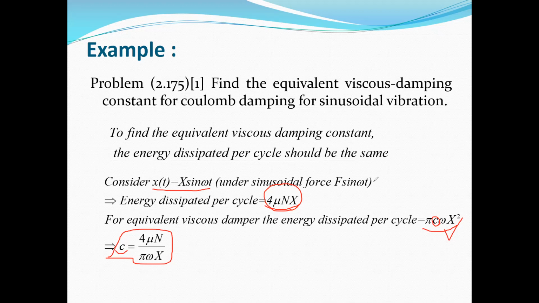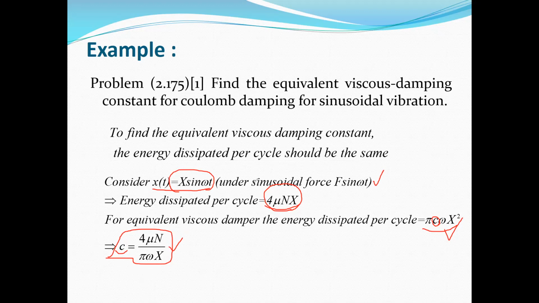I mean here, by this assumption that the system is under the harmonic excitation, we know that the response is something like this, the X, and according to this assumption we extract this equivalent viscous damping constant.